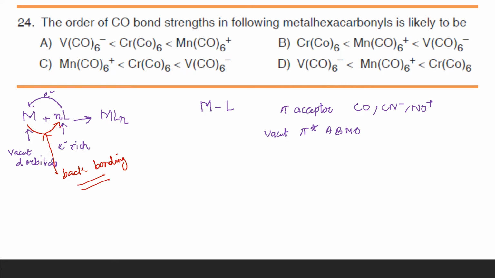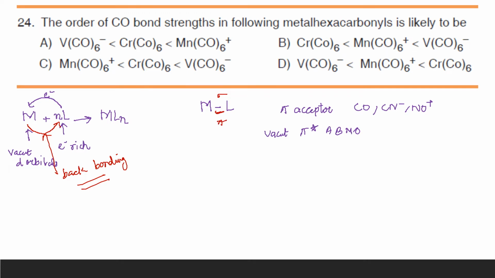So as a result of this back bonding, normally we expect a metal ligand sigma bond that is formed by the donation of electron from ligand to metal. But if the ligand happens to be a pi acceptor ligand like CO, CN minus, NO plus, etc., then the ligand can accept electron from metal also, and that leads to the formation of a pi bond.